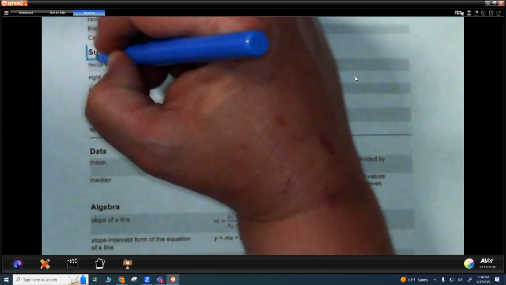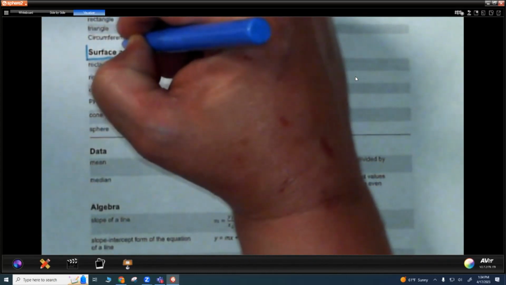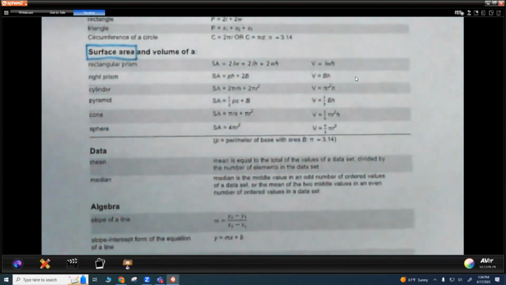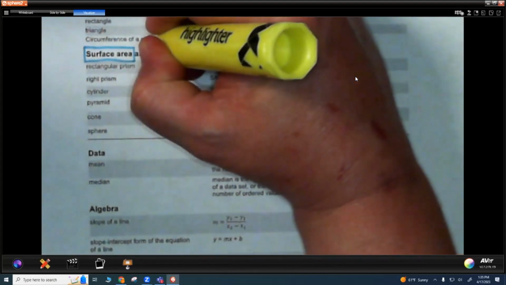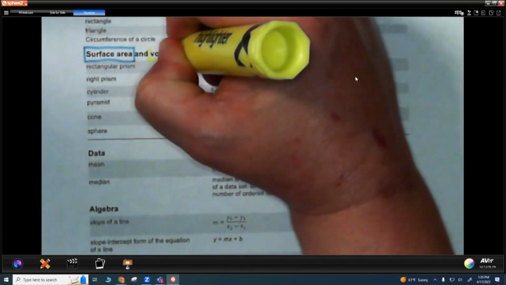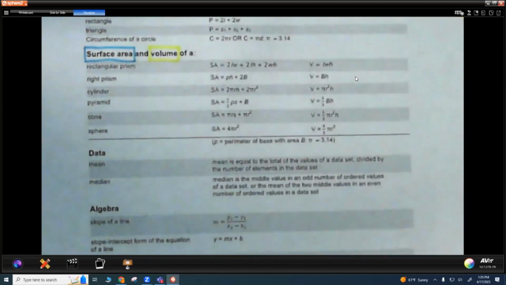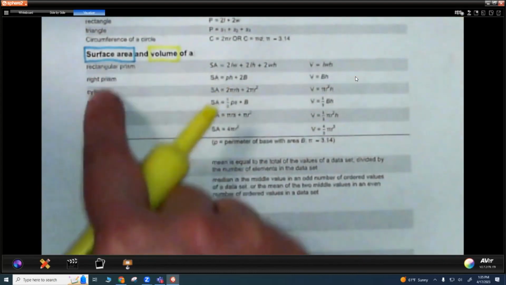For three-dimensional shapes, we're going to be asked to calculate either the surface area or the volume. Those are our two units of measurement associated with our 3D shapes.